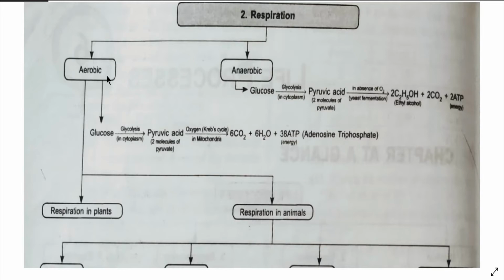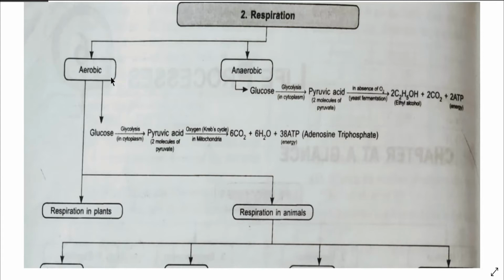Clear? So aerobic means in presence of oxygen, anaerobic means in absence of oxygen. Aerobic respiration takes place in most of the organisms, and anaerobic respiration takes place in yeast and certain bacteria, etc. Okay.